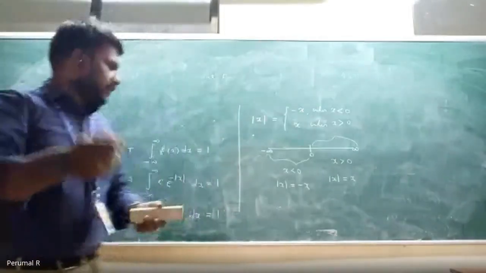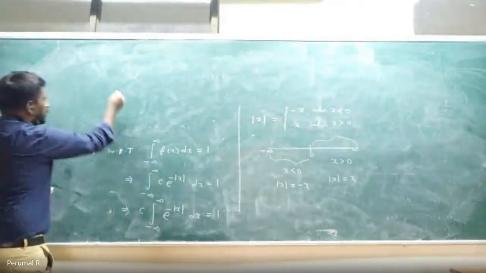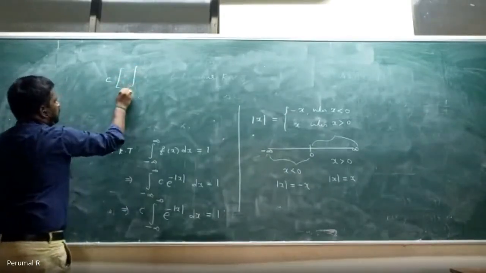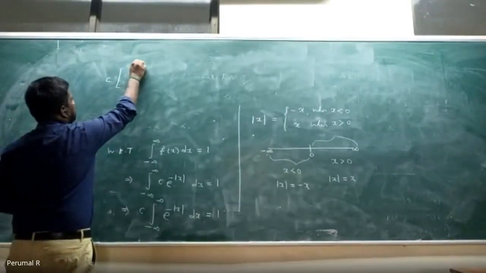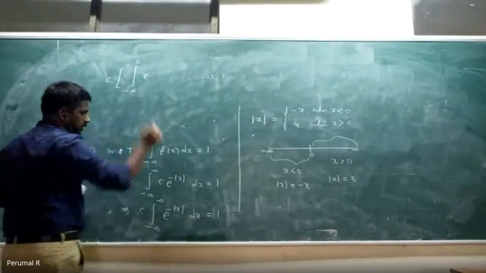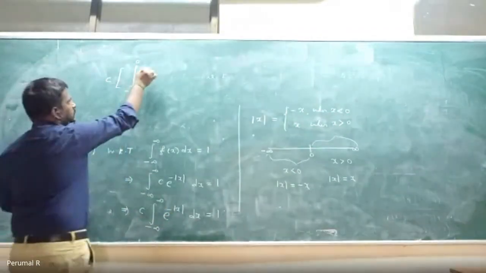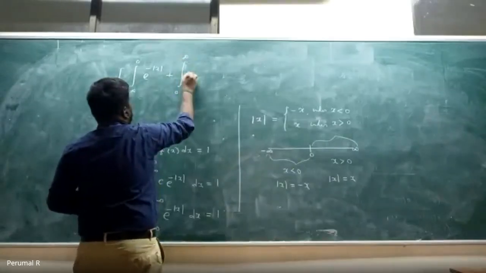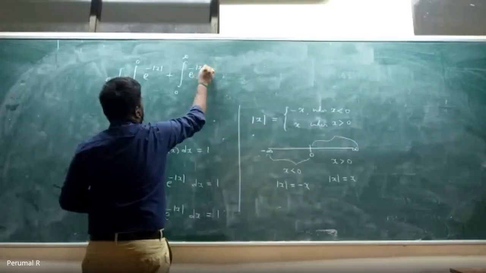Now this interval you can split into two parts. One is minus infinity to 0 e power minus modulus x dx. Another one is 0 to infinity e power minus modulus x dx, and the sum is equal to 1.